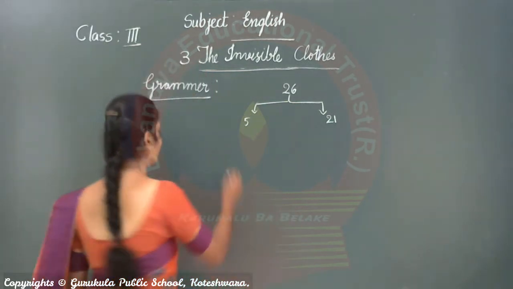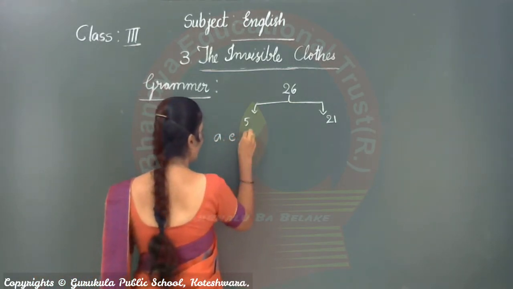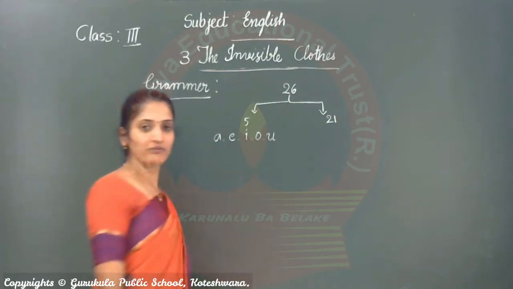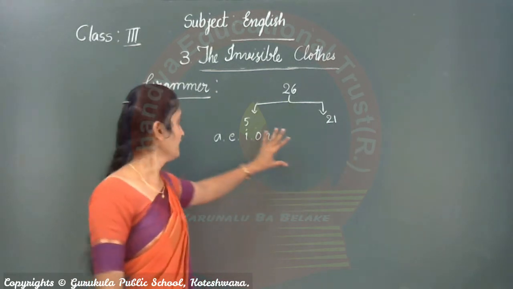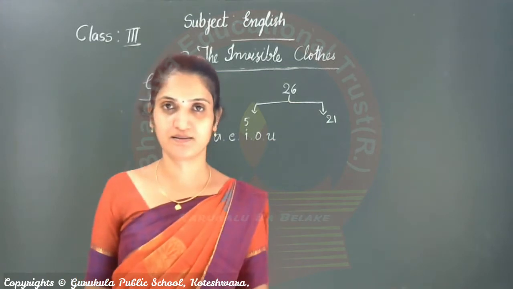Yes, you learned this all in the previous class. A, E, I, O, U. These are the vowel letters. The rest we are calling consonant letters.